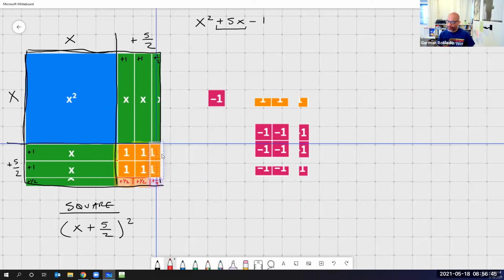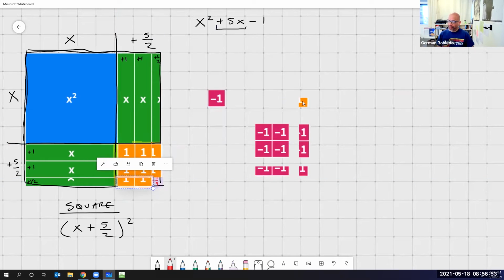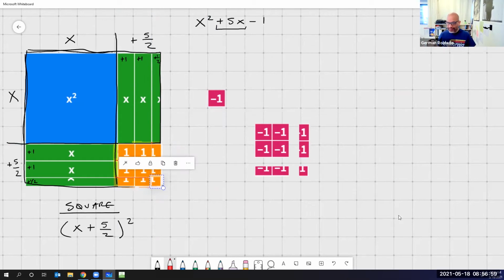Here is the positive 1/2 in the vertical orientation. Here's the positive 1/2 in the horizontal orientation. And there's that 1/4. Do you see how that all fits in and makes our square? Now, as we've said before, we have all these leftovers. So this is our square, but over here, these are the leftovers.